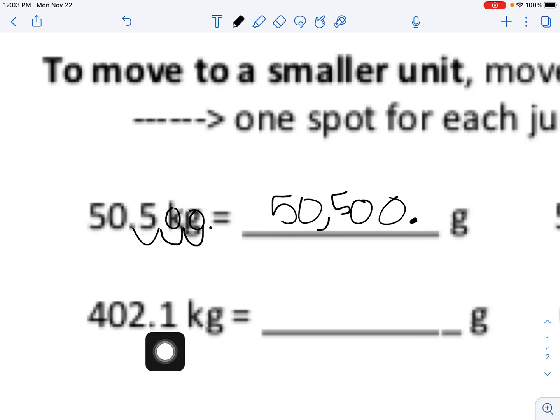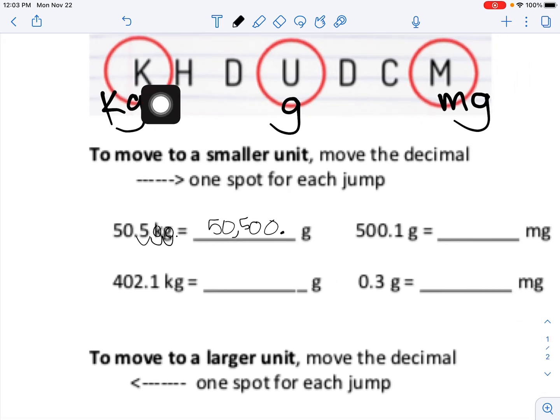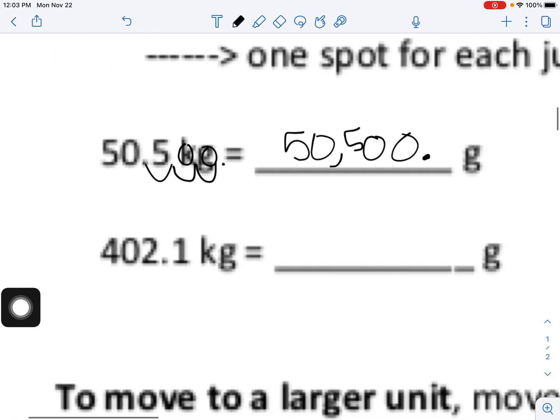So let's try this one. Kilograms to grams. Again, it's going to be 1, 2, 3 jumps to the right. So here's my decimal point, and I'm going to go 1, 2, 3. There's my decimal point, and these get filled in with zeros. So I'm just going to copy those numbers.